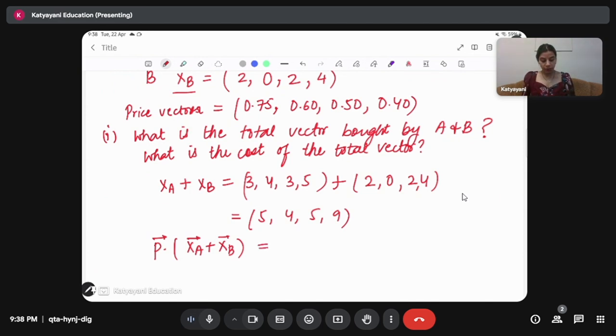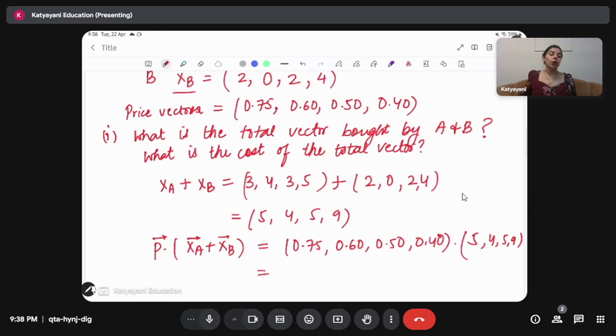So what does it mean? It means you're multiplying 0.75, 0.60, 0.50, and 0.40. You're taking the dot product with 5, 4, 5, and 9. And then, when you're taking the dot product, you have to multiply the corresponding elements.